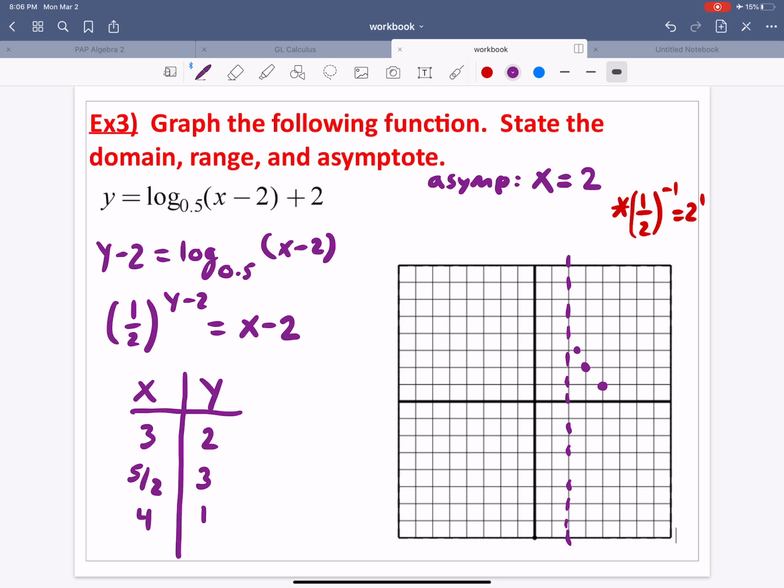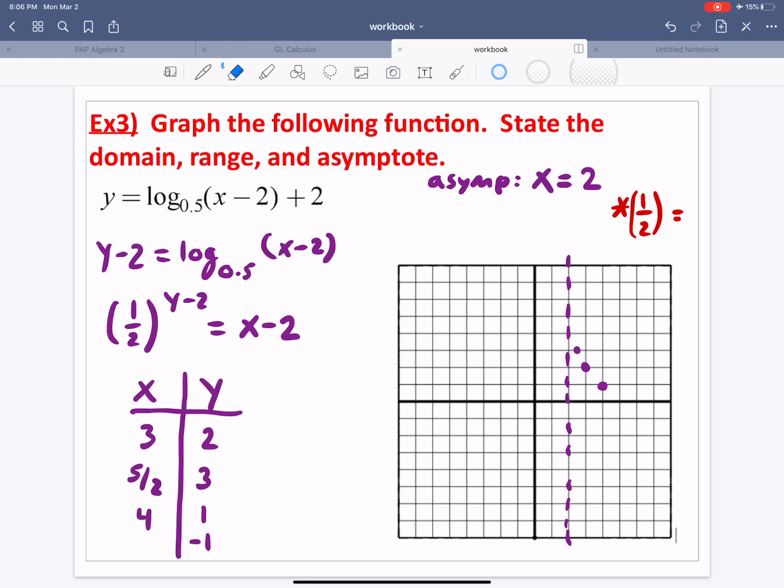Okay, so I'm starting to get a good idea of what the graph's going to look like up here, but I want to see what's happening down here. So let's pick one more y value. Let's pick when y is negative 1. When I plug a negative 1 in for y, I've got negative 1 minus 2 is negative 3.